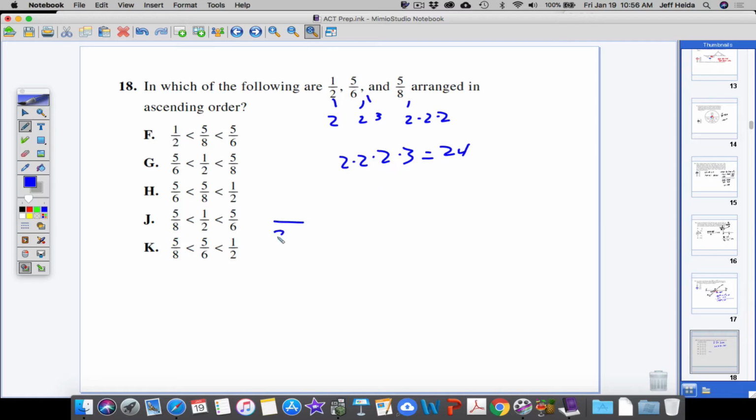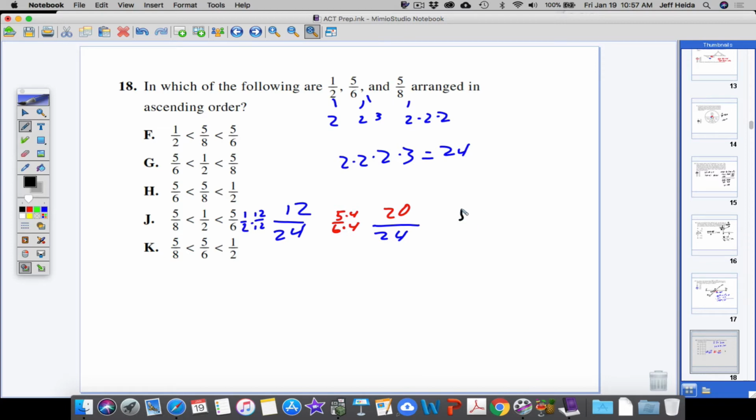So 1/2, to make 24, you need to multiply it by 12 over 12. So that's 12 over 12. To make 5/6 over 24, let me do this in a different color. 5/6, you have to multiply 6 times 4, 5 times 4. So that's 20 over 24.